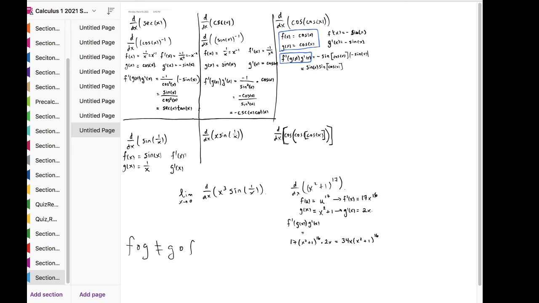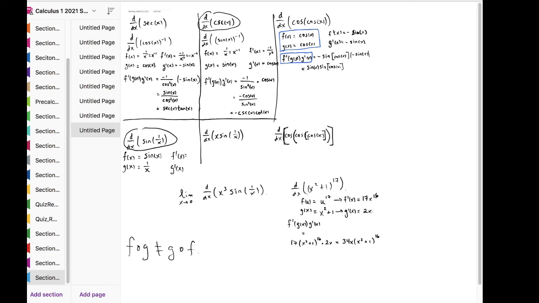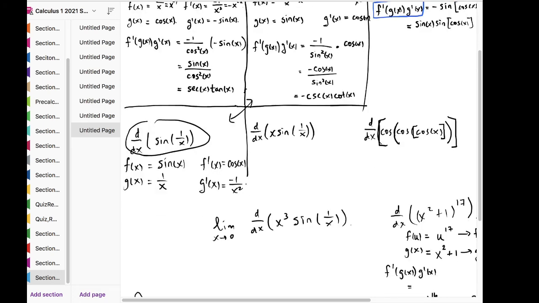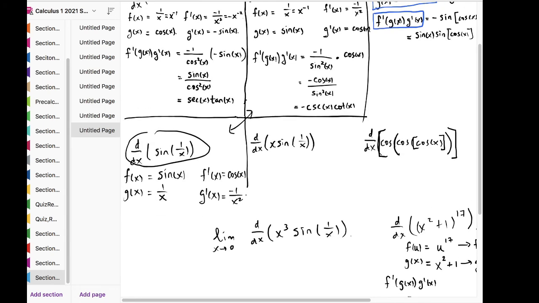You can't swap your composition because these are different functions, cosecant and sine of 1 over x. So if you wrote the wrong thing for f and g, you'll get the other thing. Just notice that. Do you see what I'm talking about? Yeah, so it's clear why it's important to get the correct f and g.